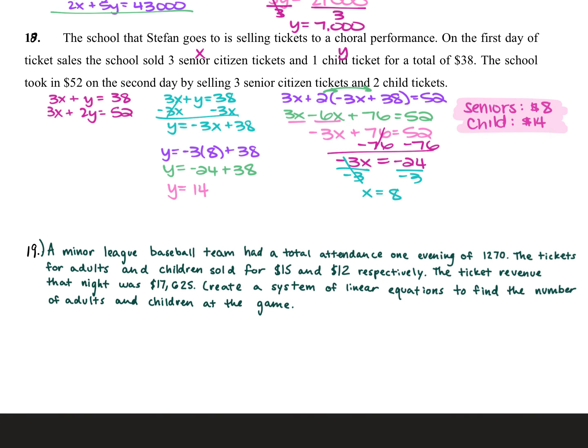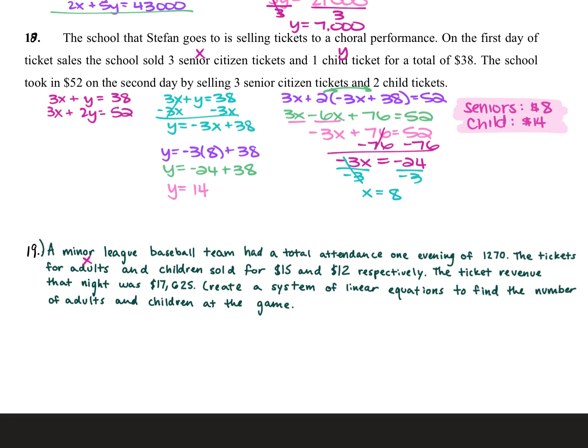So from the first part, it tells us that there was a total of 1,270. So something plus something is going to equal 1,270. Adults are $15, children are $12. That doesn't give us what to put with that 1,270 other than the adults and the children.